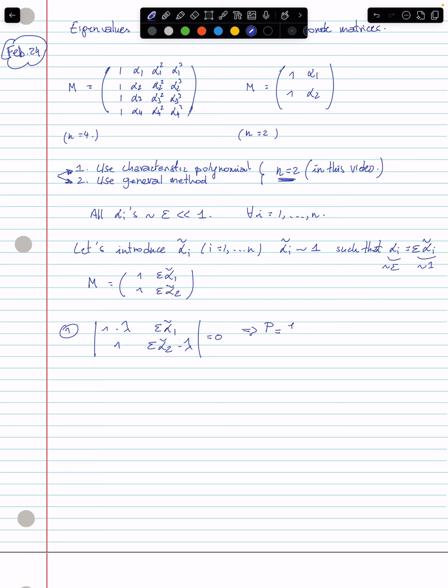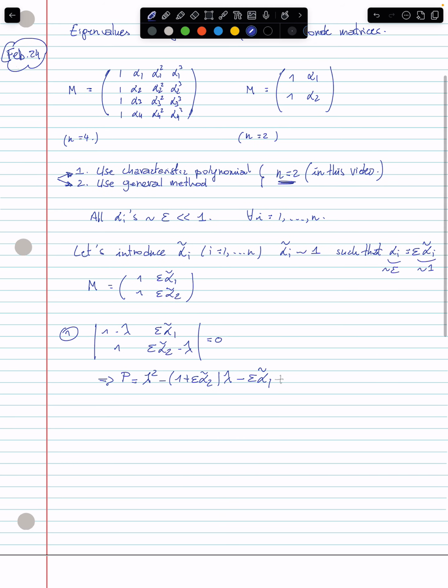All right, so we see here we have a lambda square, then minus 1 plus epsilon alpha 2 tilde times lambda, and then minus epsilon alpha 1 tilde, multiplied by... And I forgot, of course, plus epsilon alpha 2 tilde coming from here. All right. So we need to find the roots of this polynomial here.